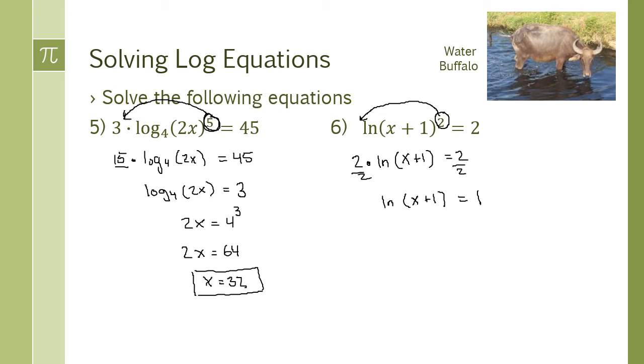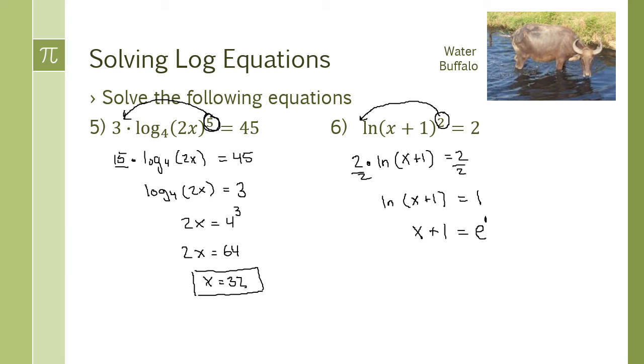So we can change this over to exponential form just like any other problem. So the argument is x plus 1. The base in this case is the number e, and the exponent is 1. So here you'll need to use your calculator. E is the button just above the division symbol. So if you do second divided by, that will give you E in the graphing calculator.